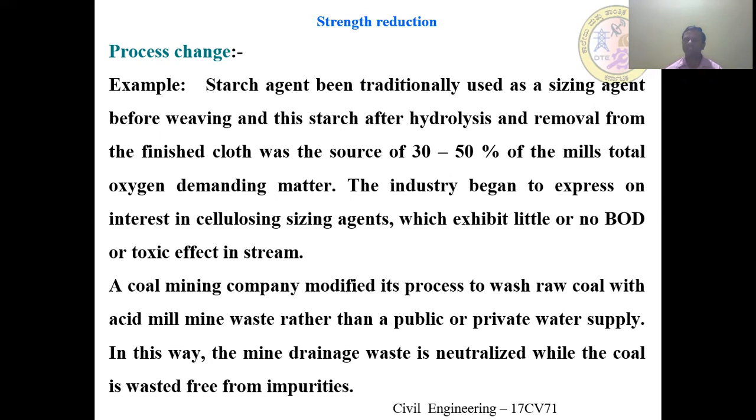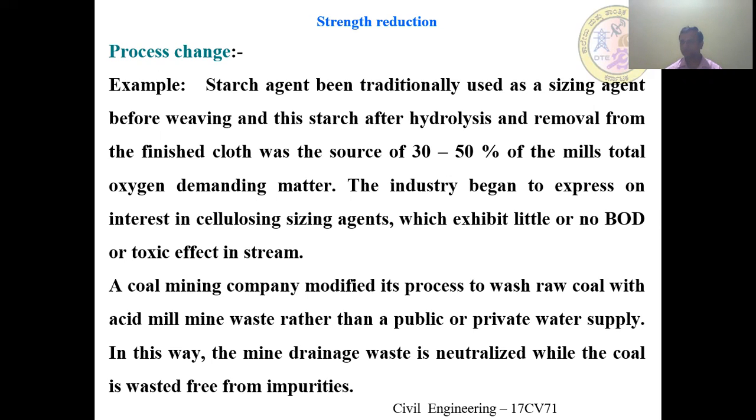So just by changing the process, from starch to cellulosic sizing agent, the BOD is going to be reduced and it is going to reduce the toxic effect on the stream.